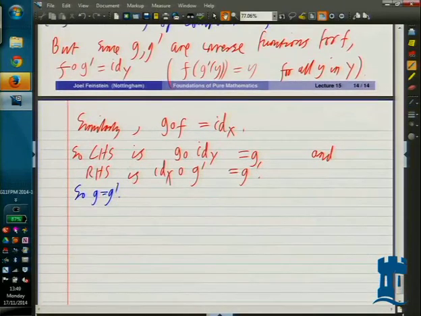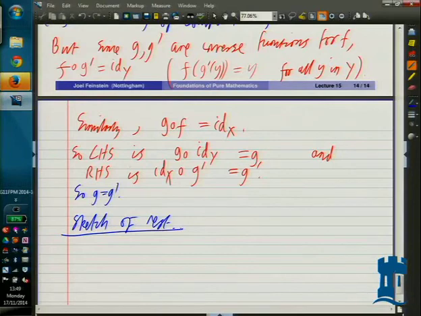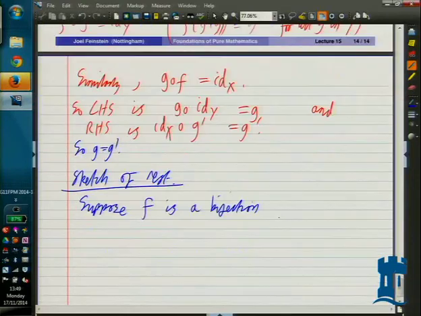I'll just sketch the rest. Okay. Now suppose f is a bijection. Since f is a function, we'll consider the graph of f.